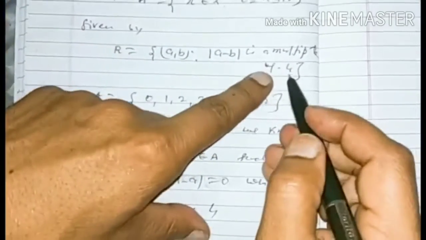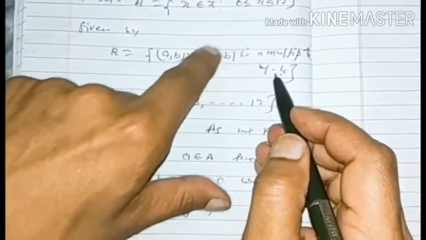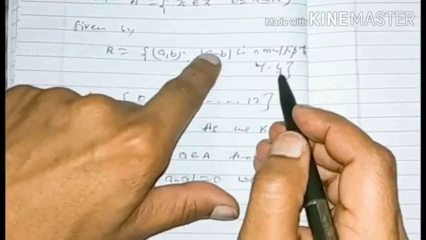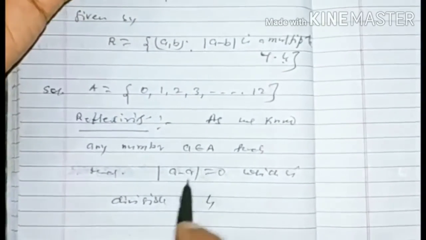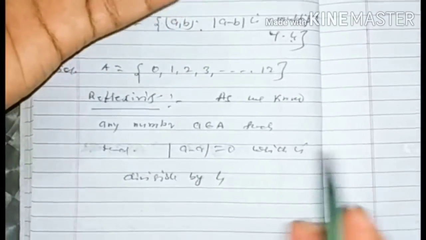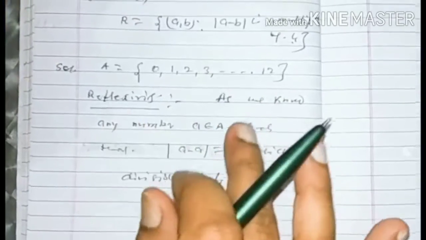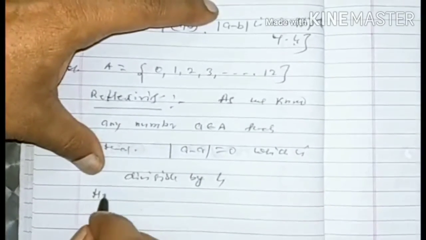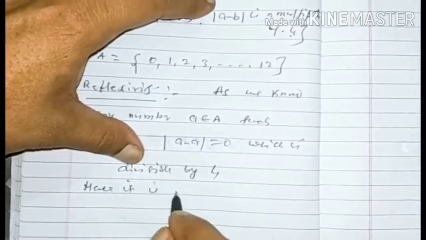Here a multiple of 4 means divisible by 4. For example, 2 minus 2 is 0, and 0 is divisible by 4. Hence this relation is reflexive.